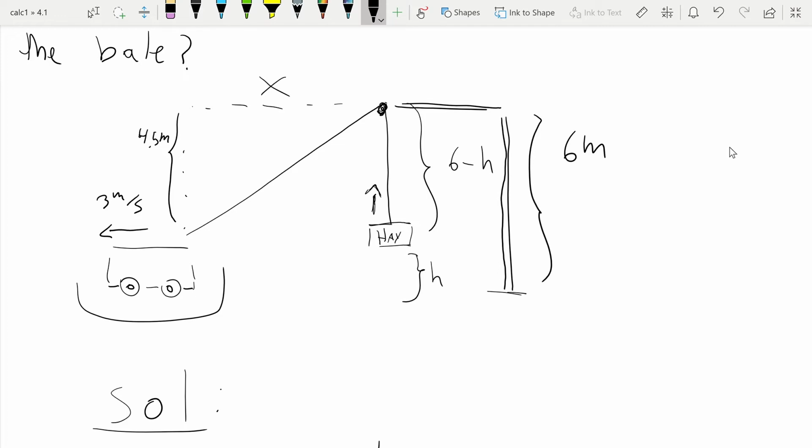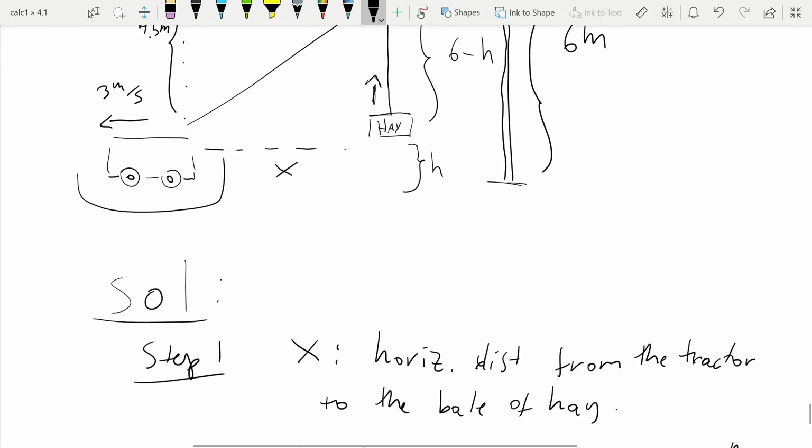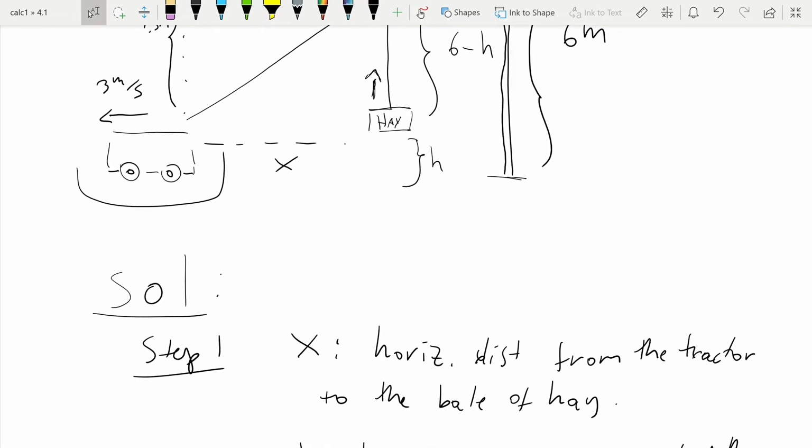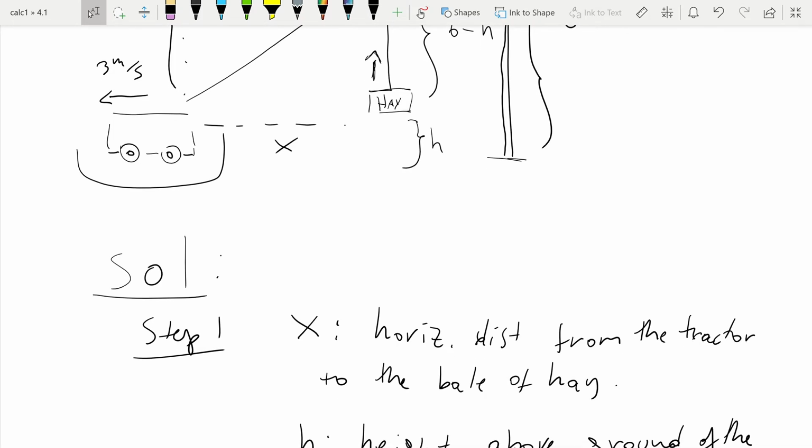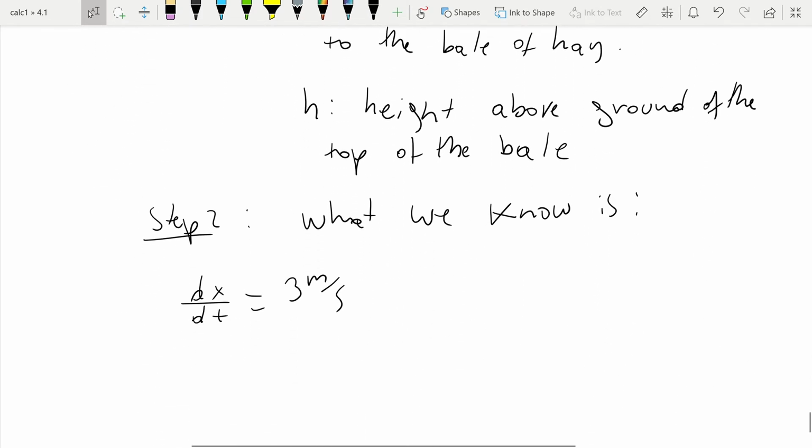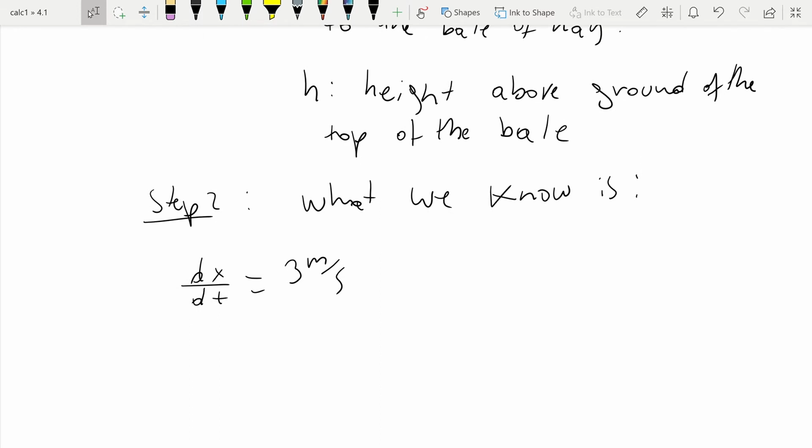The x here is the same quantity as this over here. So it's telling you the rate at which x is increasing, the speed of the tractor at any given time, and that's constant and equal to 3 meters per second. So that's one piece of information that we have.